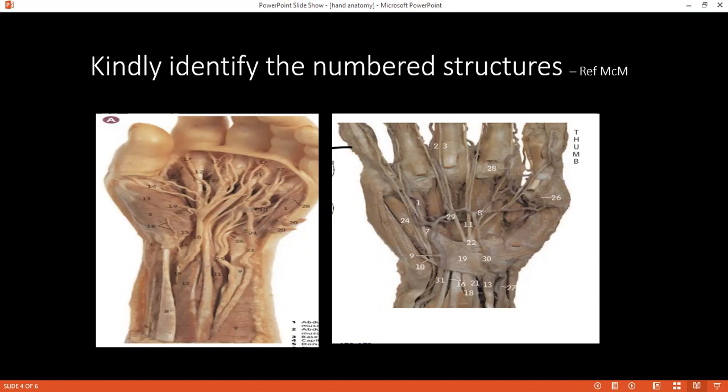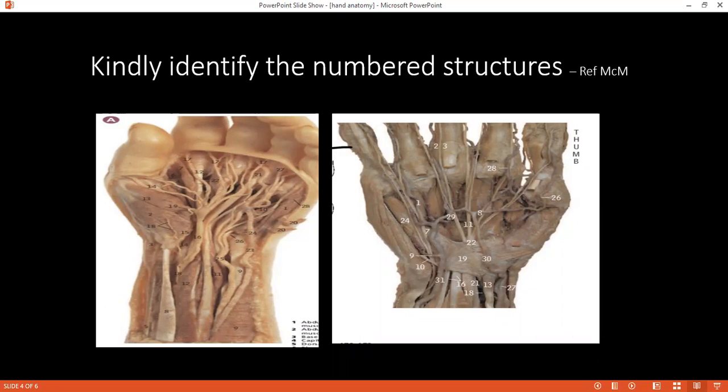Can you tell me the sensory distribution of the median nerve in the hand? Lateral 3.5 digits of the palmar side, and the tip of the dorsum of the thumb, index, and middle finger. Good. And the motor distribution of the median nerve in the hand? Median nerve supplies the thenar muscles and the first and second lumbrical muscles.